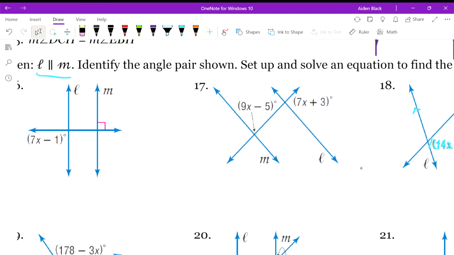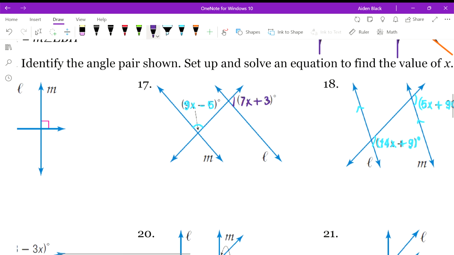Let's do another one of these. This is a good one. This angle here is 9x minus 5, and this angle right here is 7x plus 3. That's this angle here. Now, I know the relationship between these two angles, we don't really know what that is. One's on the outside and on the alternate side, one's on the interior, alternate to that other angle.